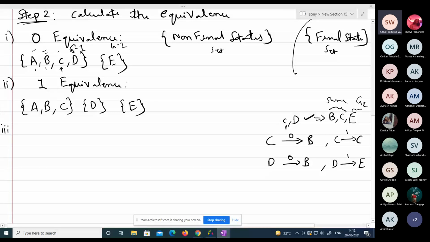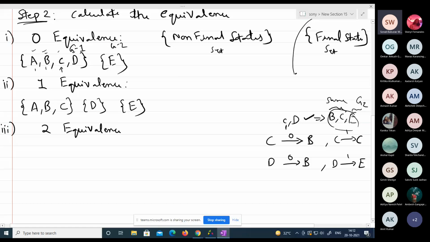Similarly, I have to calculate two equivalents. So are you getting the concept over here? Always you have to take a pair of states, then you have to check the values for zeros and ones, and whatever results they are giving, you have to take down those states and also remove the duplicate state from here. And then you check whether those states are from the same group or they belong to some other group.